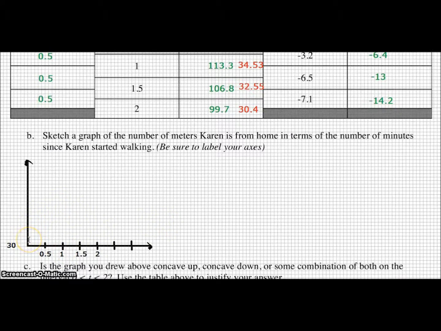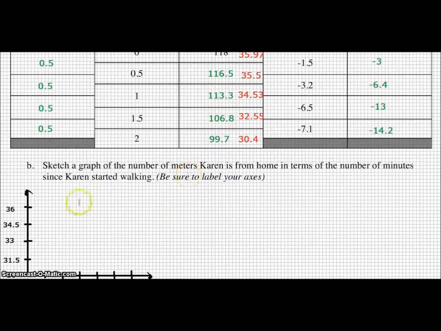And then I'm just going to go up by 5 again. I needed my range to be between 30 and 36, and so I had 4 tick marks here, so I just went up by 1.5 each time. But now I'm ready to plot these.